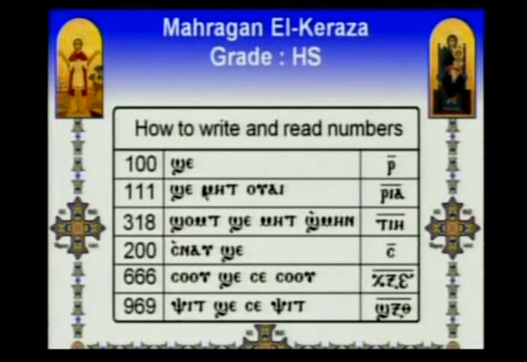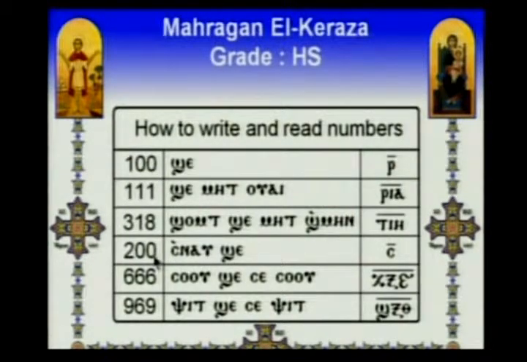100 is she. And you notice here 100 is written in 3 digits with the new system. In the manuscript it will be one letter. The she is a row, and that's it. Here 111 would be she meet uy. The next one, 318, shomte she, which will be 300.